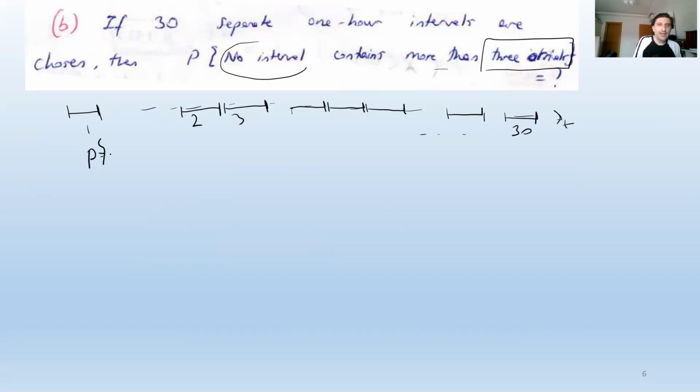Note that in the previous question, I found that the probability of more than 3 arrivals is equal to 0.014 for one segment. That was the result I found previously. Let's call this p, the success probability.